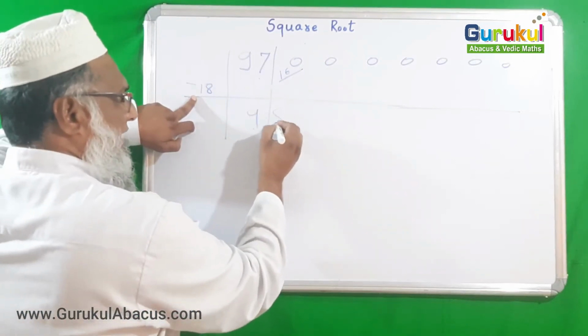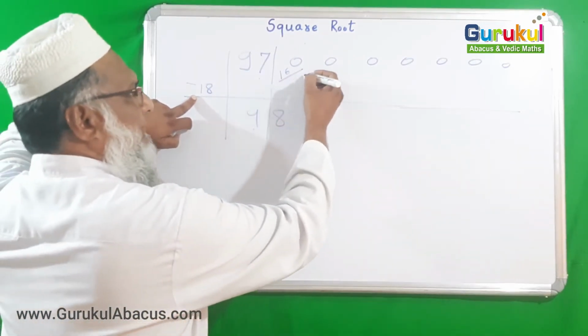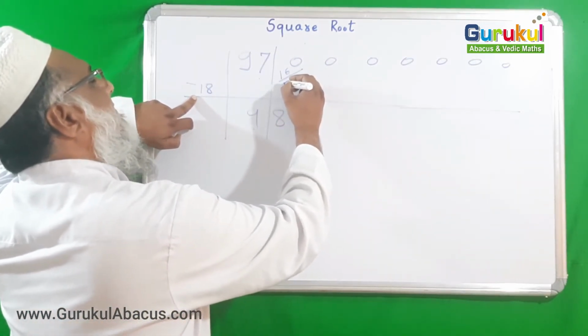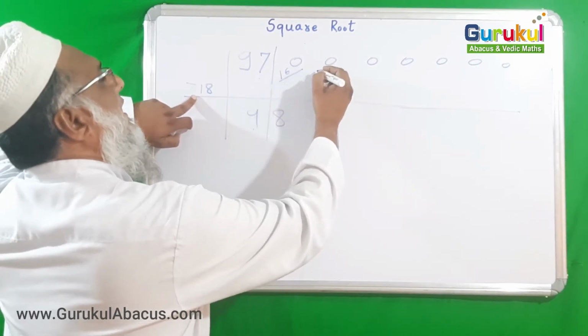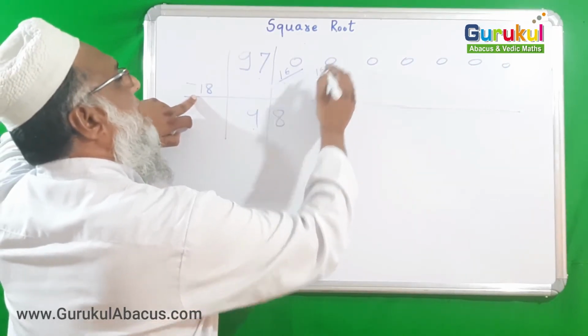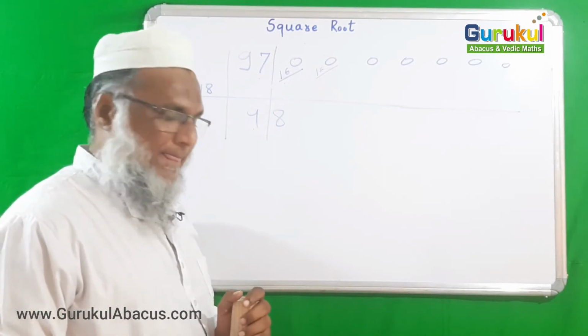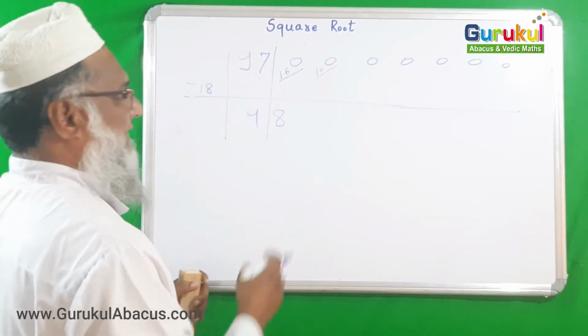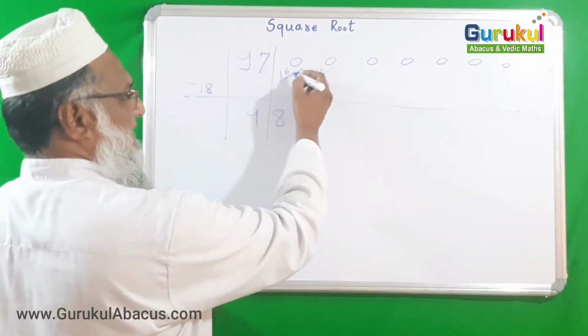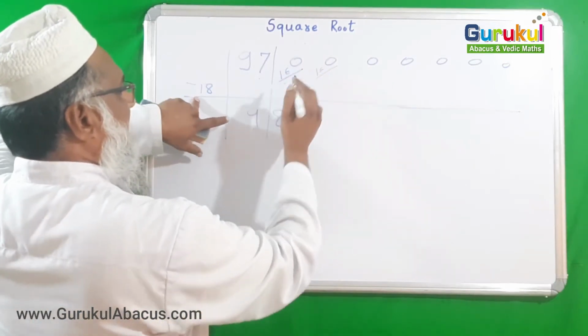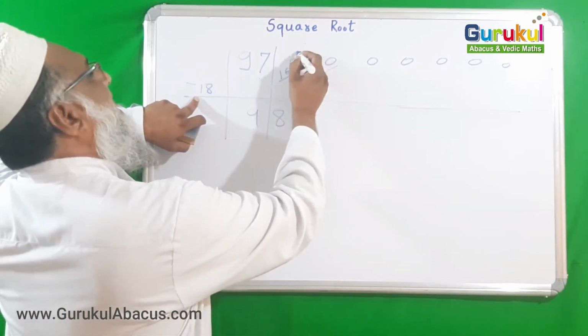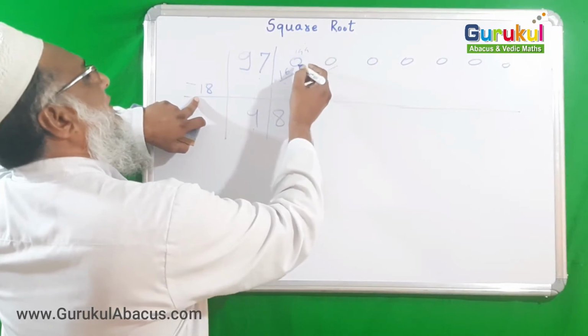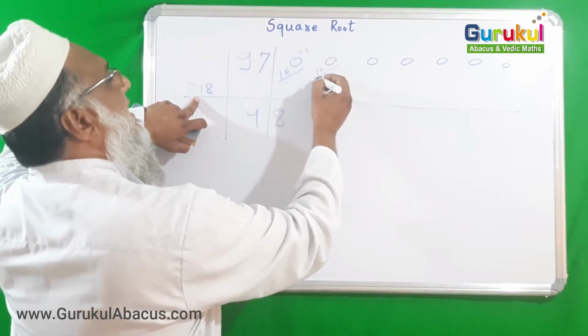So 18 8s are 144 we are taking here. If I subtract 144 from 160, again I am getting 16, that I am writing here.